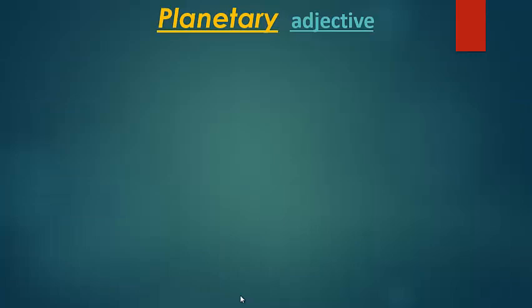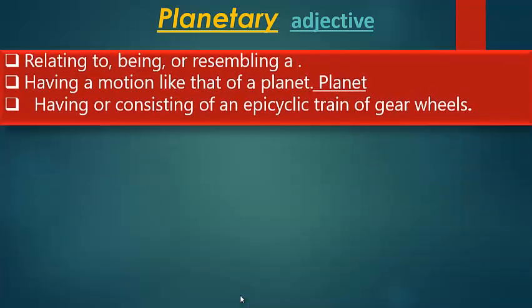Planetary. Planetary is an adjective. It means relating to or being or resembling, having a motion like that of a planet revolving, or having or consisting of a bicyclic train or gear wheels.